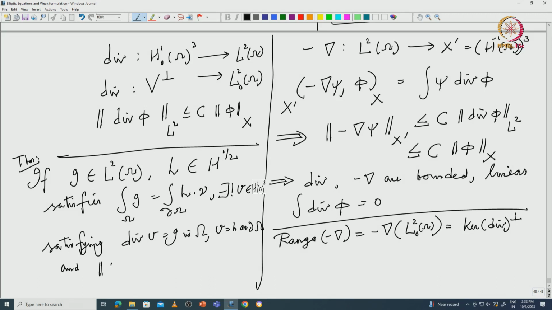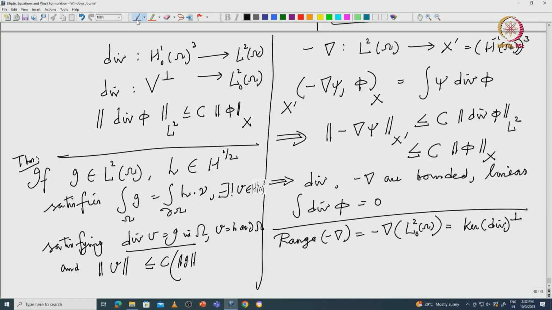Now V is in X. Even though it is a first order operator, what you are getting is in a space where generally only second order operators are immediately derived, but here we are looking for this H1 naught space. Okay. V in X satisfying a constant times the norm of G. Oh, sorry, it will not satisfy V equal to 0.